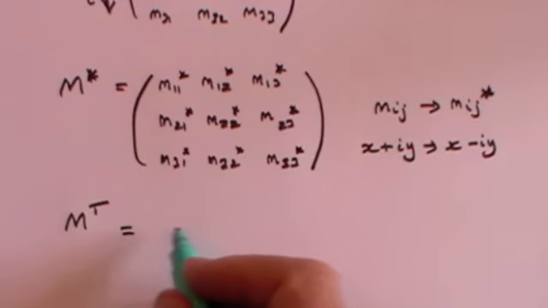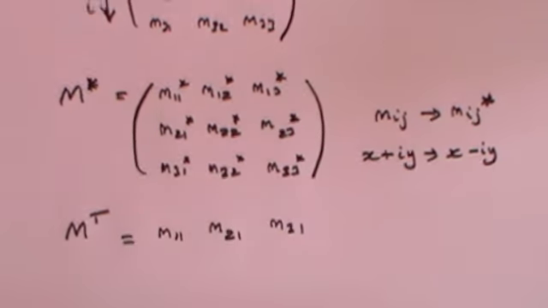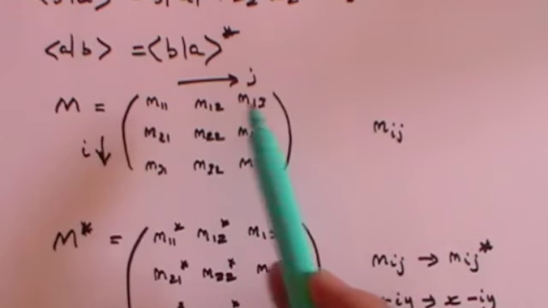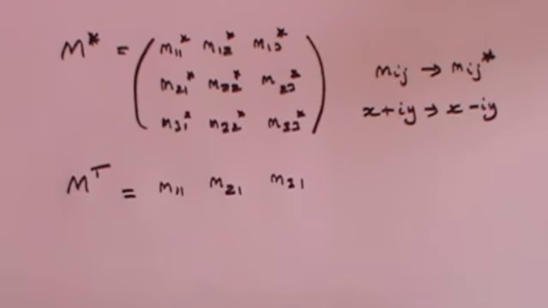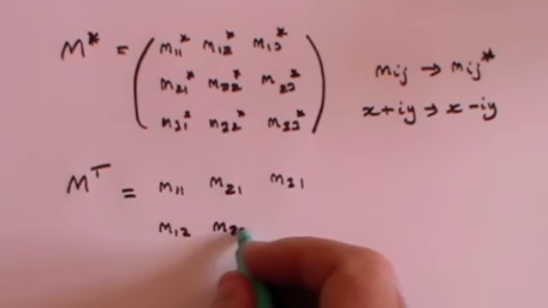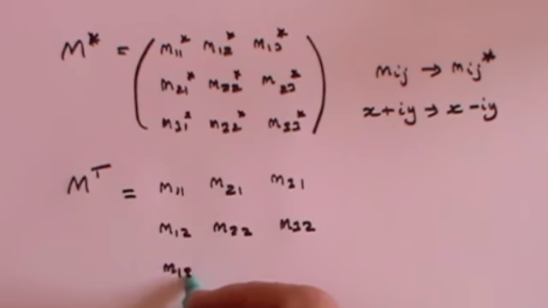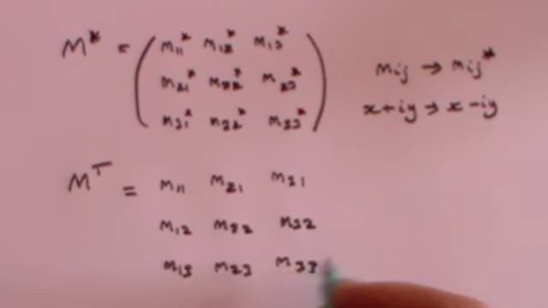So M^T now becomes M11, M21, M31, as opposed to, you'll notice, M11, M12, M13. It's now the other way round. Then this becomes M12, M22, M32, and this becomes M13, M23, M33.